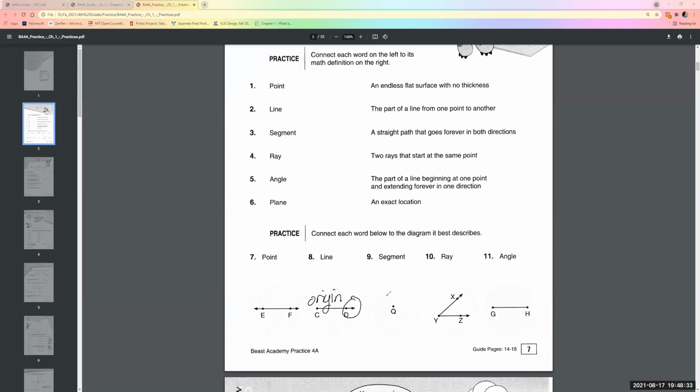Yeah. So the point is actually the third one. It's a single place or an exact location, as shown right here for Q. Do you know which one this one should be then? Is it number 10? Yeah. So this one is the ray.